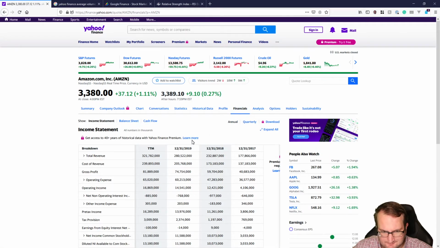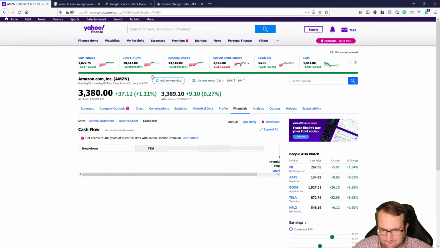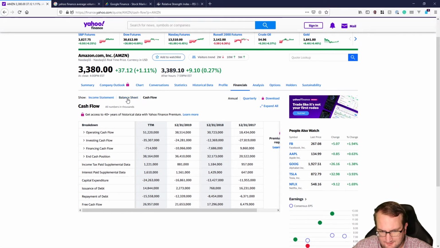Financial data, as we said, so we have our income. There were 3 statements here. So our income statement, balance sheet, and cash flow. And as part of my series here, we'll go through each one of these and pull out the key things out of each statement.